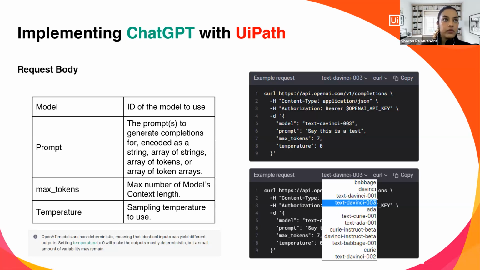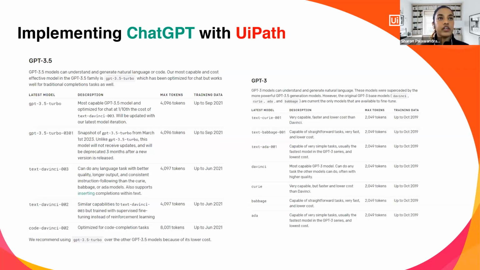So what are these models and why are they there? OpenAI offers a bunch of pre-trained models. If you see GPT-3.5 Turbo, you can have a max token of 4,096, and it's trained with data only up to September 2021. So if you ask any question about something after 2021, it may not have the capacity to answer.